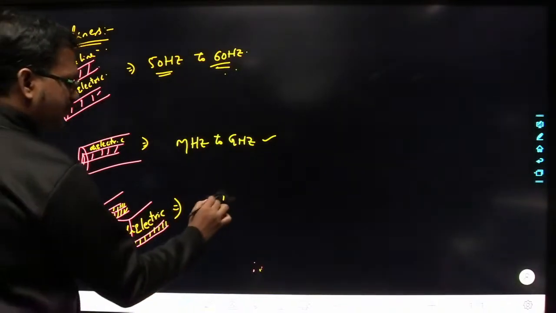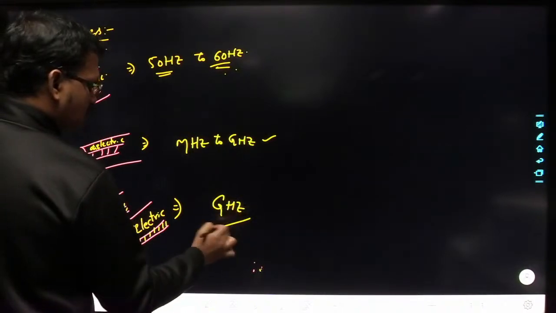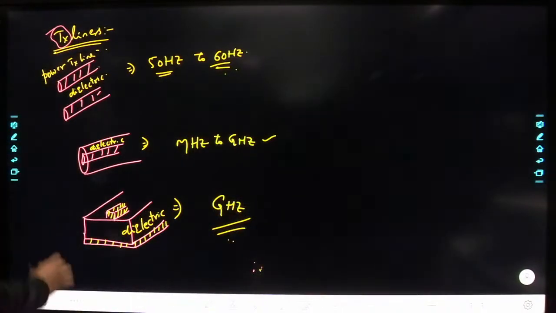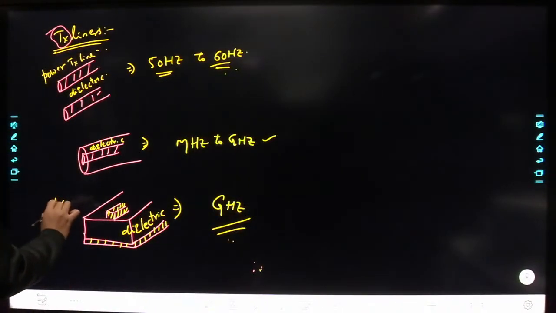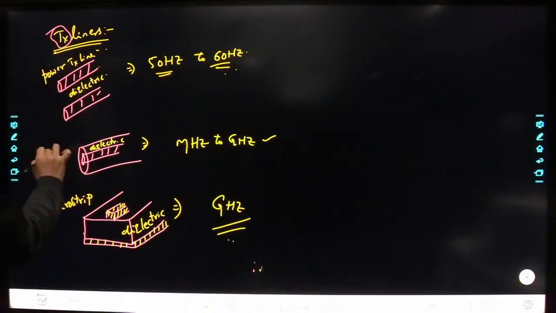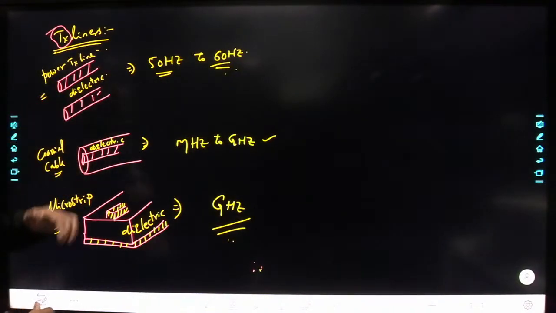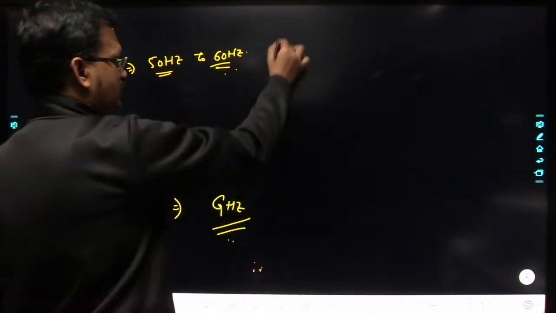This is operated in the range of gigahertz. So this is the microstrip transmission line, this is the coaxial cable, and this one is the power transmission line. These are the different types of transmission lines we have.